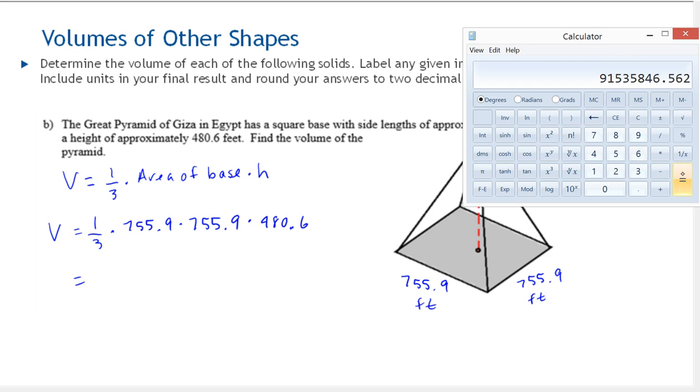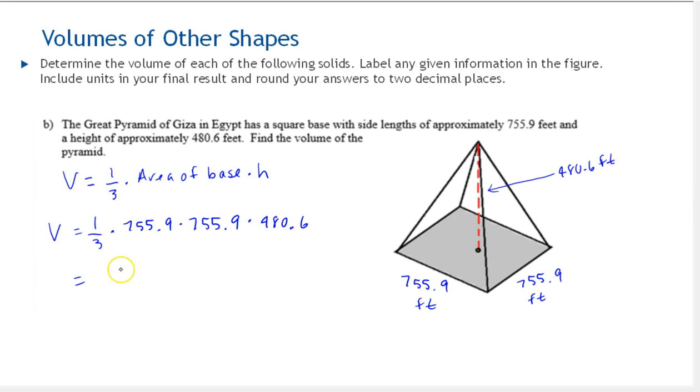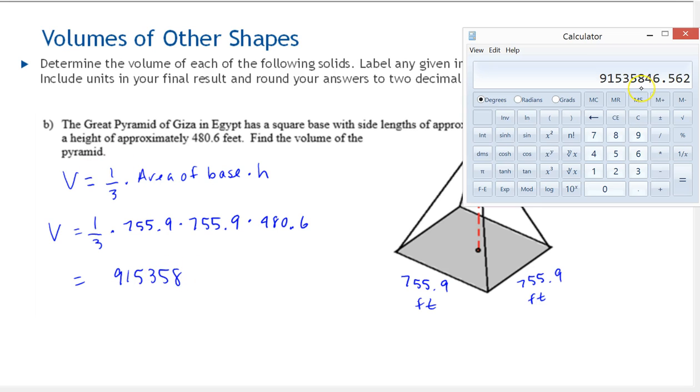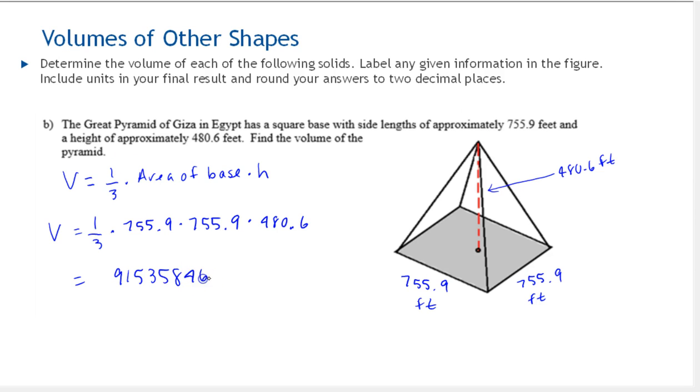And this gives us, okay, I'm never going to remember this number, 915,358,46.56. And that would be measured in cubic feet.